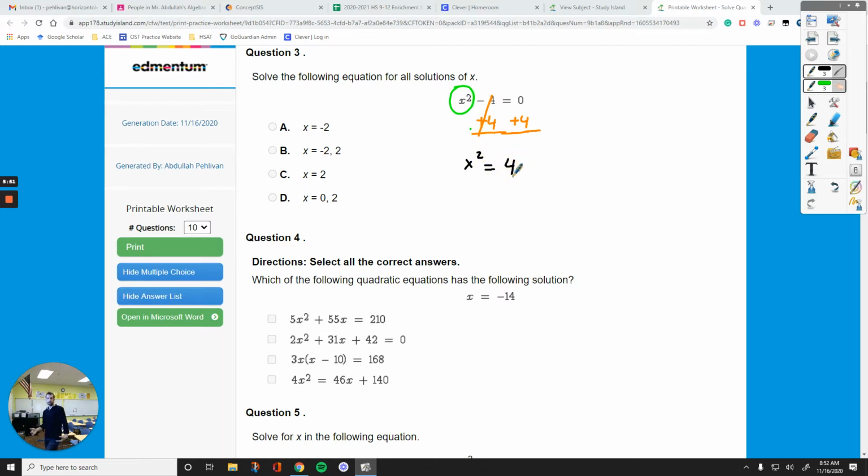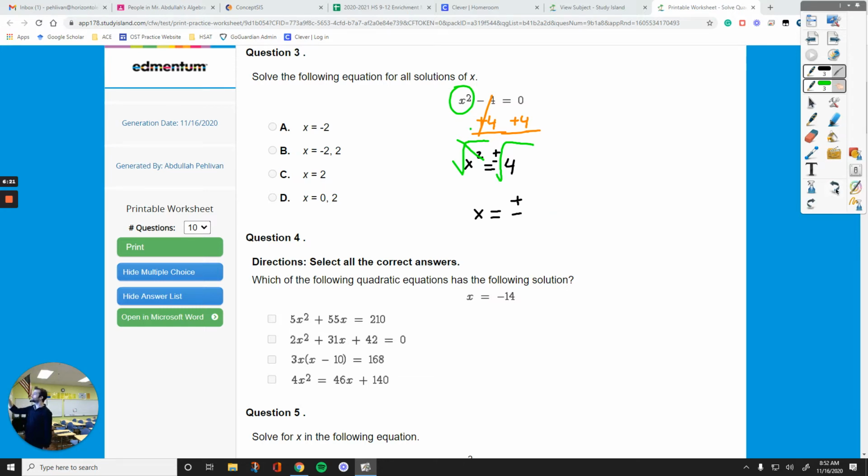Now at this point, to get rid of that squared in the power of x, we are doing square root. Okay, and then when we do this, remember you need to add plus minus. So these are gone. Bring down the left side, bring down the equal, bring down plus minus, and the number you have.